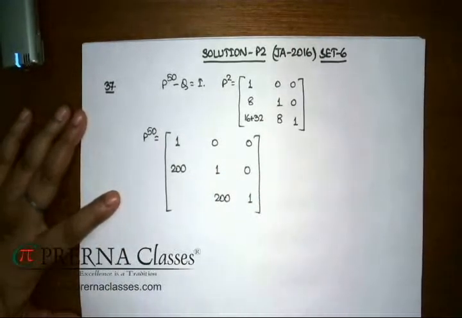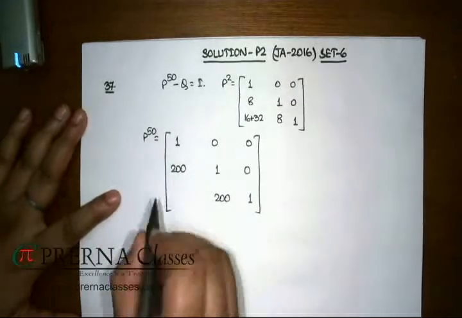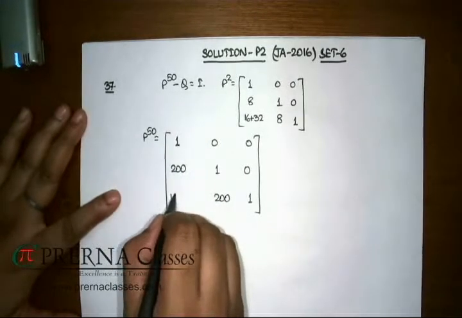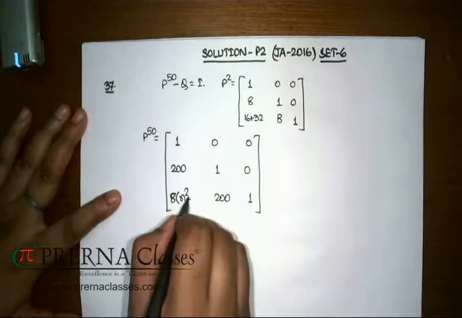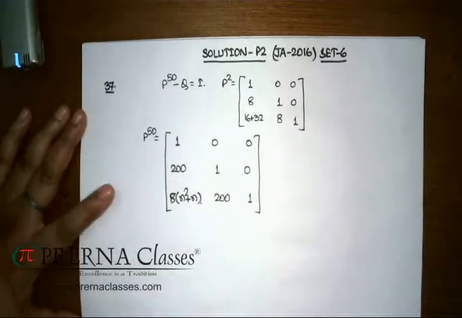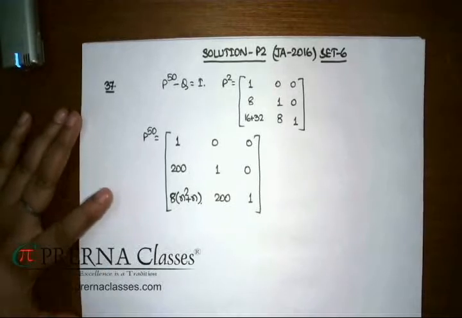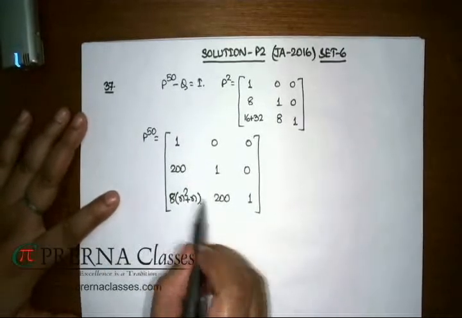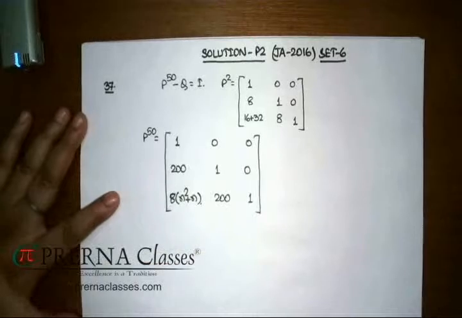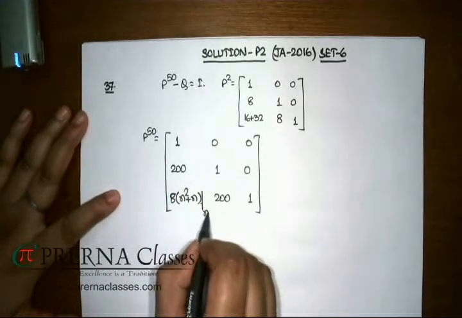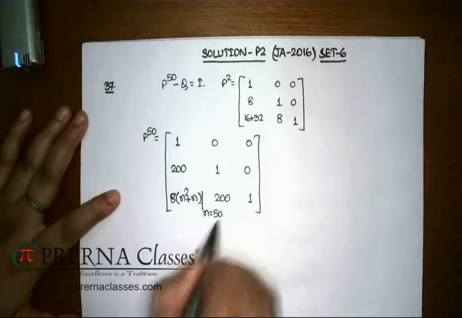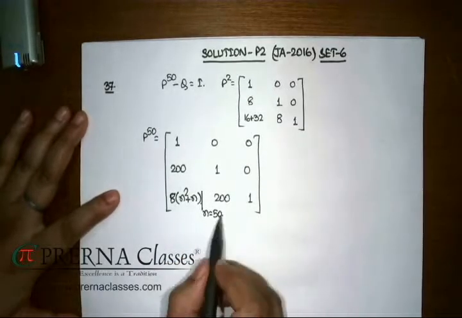If you take something common, you will get then 8 times n into n plus 1. You should be getting 16 times, but the division by 2 is going to take care of that 16. This is the value of P50 when n is 50. That is something which you have to compute.